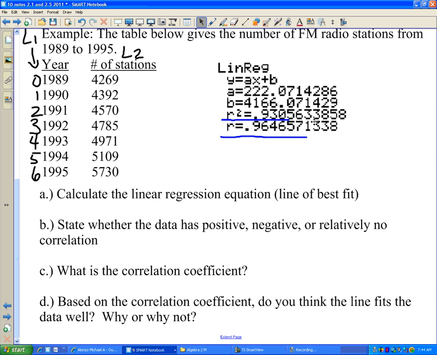We want to look more at the R than at the R squared. So it says calculate the linear regression equation. So y is equal to 222.1x plus 4,166. State whether the data has positive, negative, or relatively no correlation.